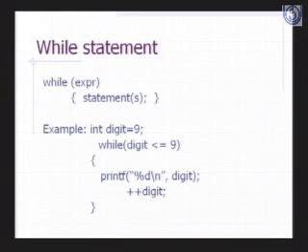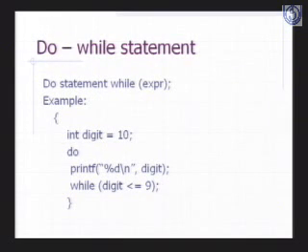And suppose we take the case of the do while loop: here integer digit is equal to 10, and do printf while digit is less than or equal to 9. The basic difference between the while loop and the do while loop is that the do while loop executes once even. Suppose you take the case of the while loop, it may or may not execute even once.